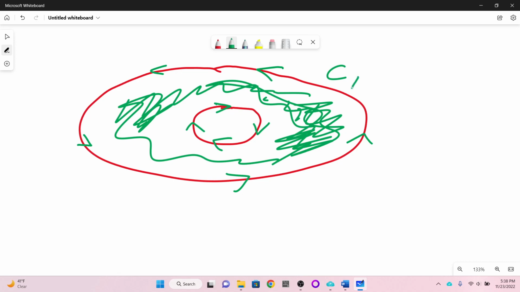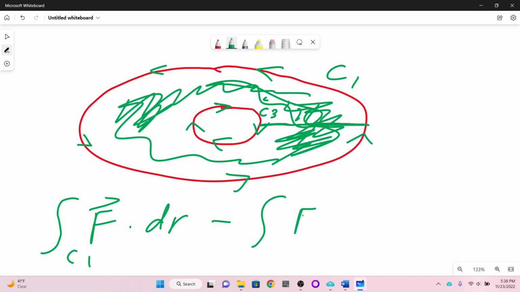So if I call this C1 and I call this C3, here there's a C2 and C4 that cancel out. So we can just say the overall integral for this whole region would be f dot dr over C1 minus f dot dr over C3.